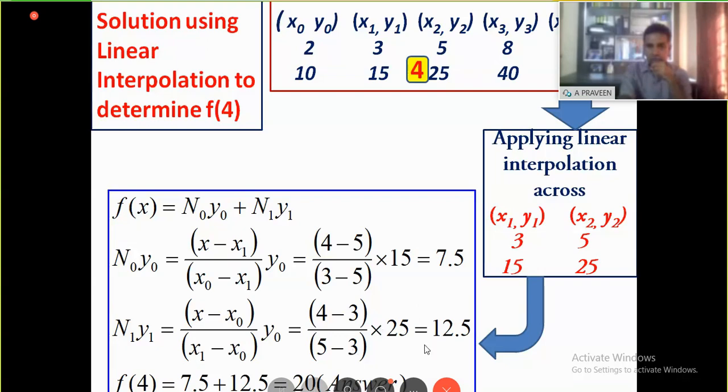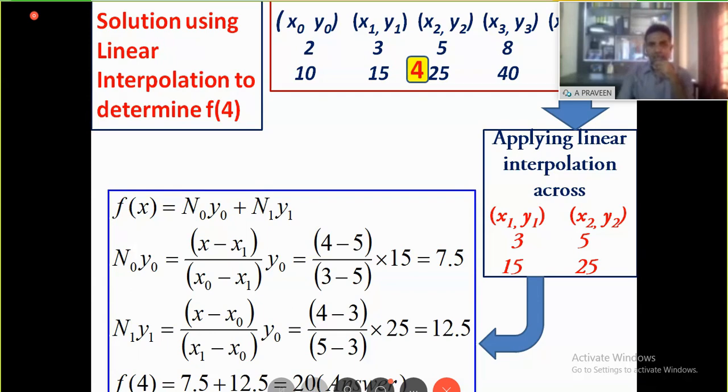When you multiply this, you get 12.5. Then you add n0 y0 and n1 y1. So you can also use linear interpolation for the same answer, just to illustrate how different methods can be applied to get a solution for given data.